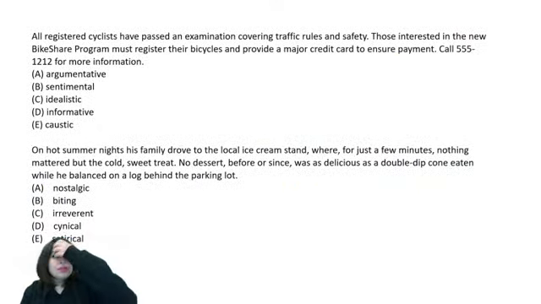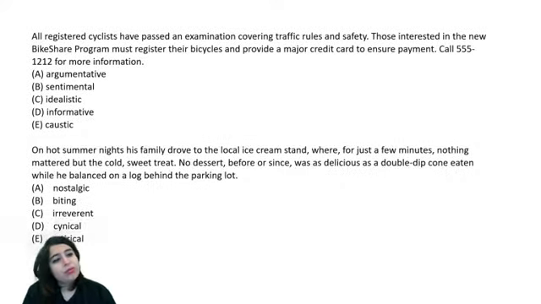Now let's try a few tone type questions. Now in these questions you have to identify the correct tone of the author. So all the students who are present here, I would request you guys to try this. Let's look at the very first one. It says all registered cyclists have passed an examination covering traffic rules and safety.